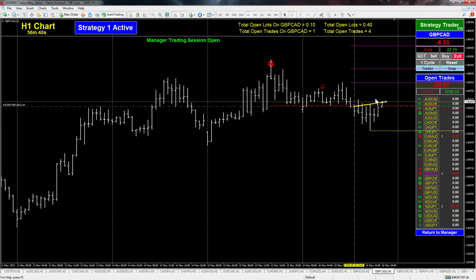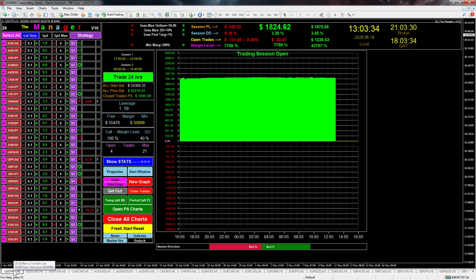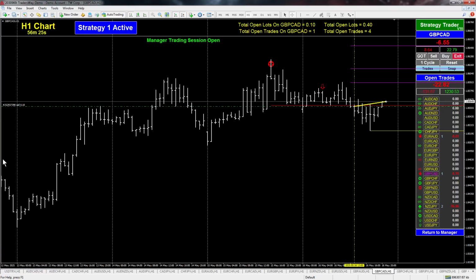And like I said, if the price comes back and hits this one, let's see, what lot size are we trading? Okay, we're trading a 0.1 lot size. So if the price comes back and hits this, it will add a trade on at 0.1 lot. If it hits this one, 0.2 lots is 2 times the lot size, and this one would be 0.3 lot, since it's 3 times the lot size.